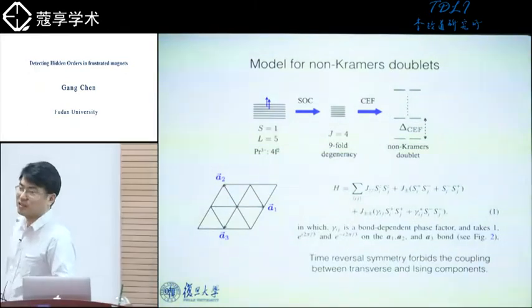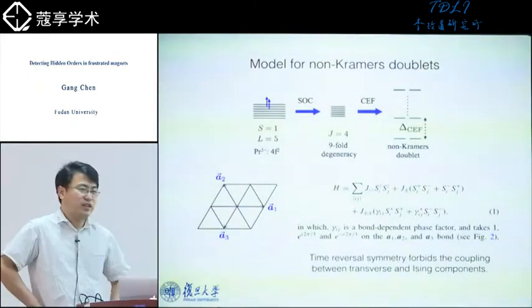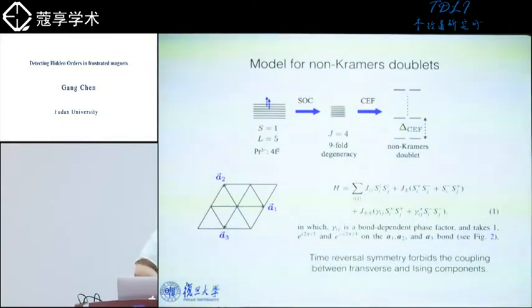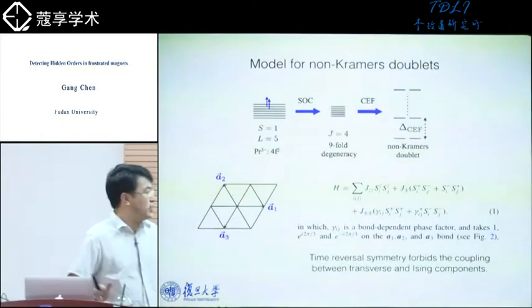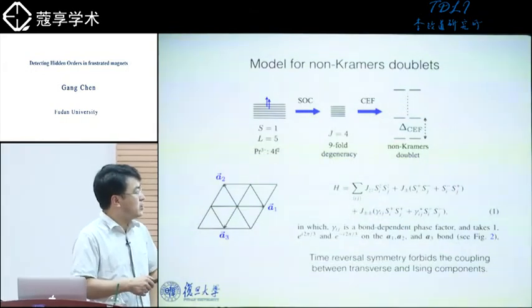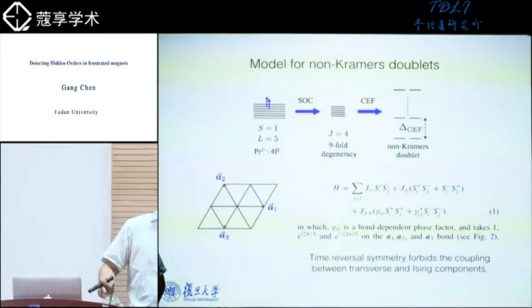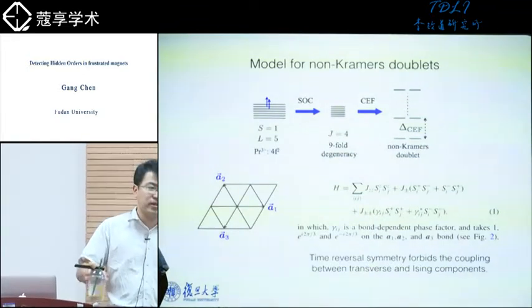Why is there this funny bond dependence? This local moment is not a pure spin local moment. It's an entangled object of spin and orbitals.